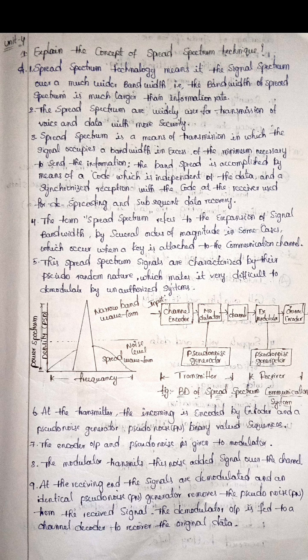The term spread spectrum refers to the expansion of signal bandwidth by several orders of magnitude in some cases, which occurs when a key is attached to the communication channel. Spread spectrum signals are characterized by their pseudo random nature, which makes it very difficult to demodulate by unauthorized systems.